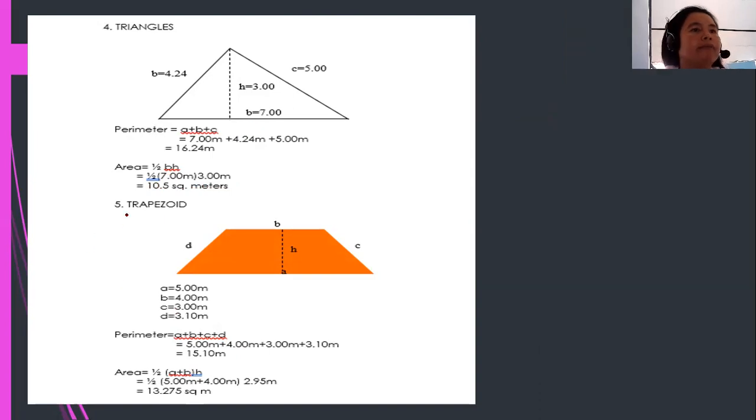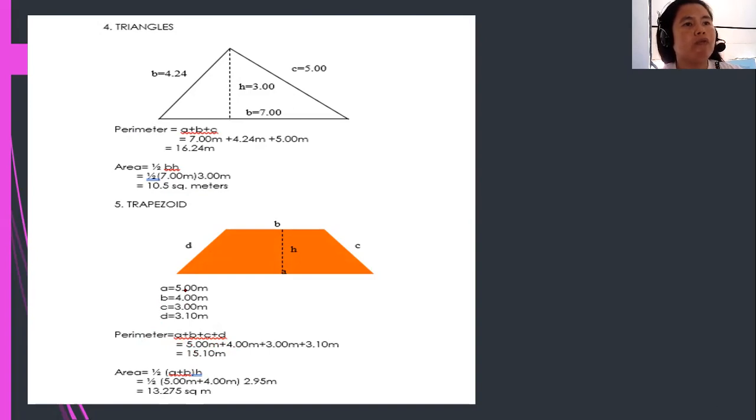Okay, next, trapezoid. For the trapezoid, we have the sides A, B, C, and D. A is equivalent to 5 meters, B is 4 meters, C is 3 meters, and D is 3.10 meters. The formula for the perimeter of a trapezoid is A plus B plus C plus D. So we are going to substitute all the letters with equivalent numbers.